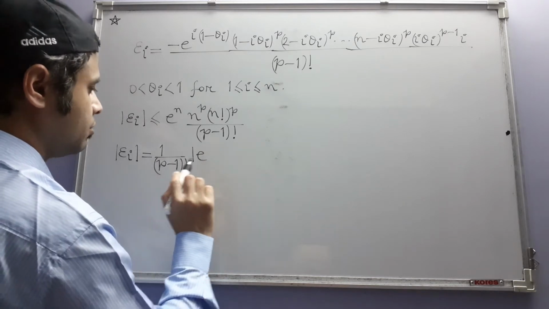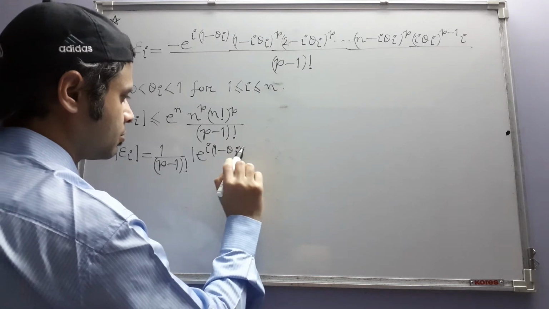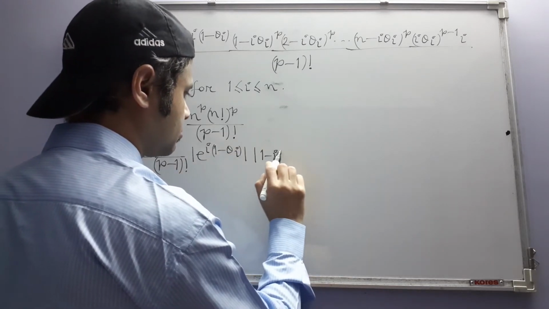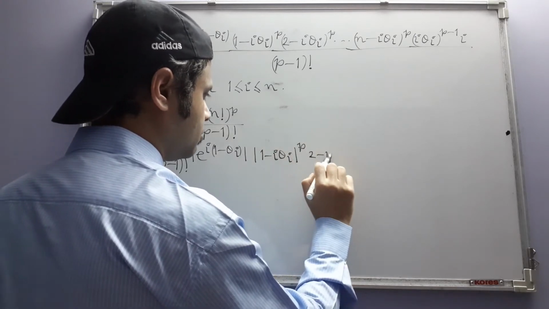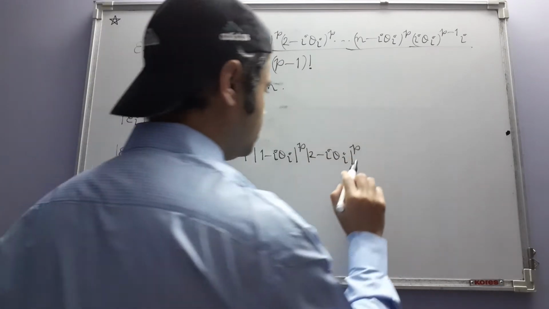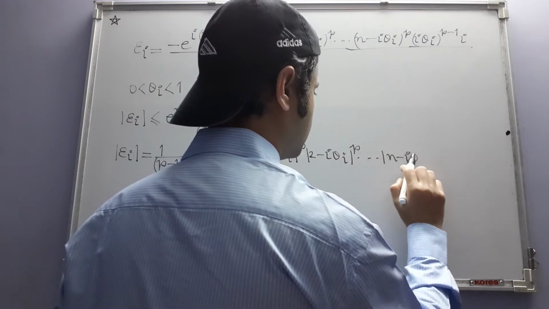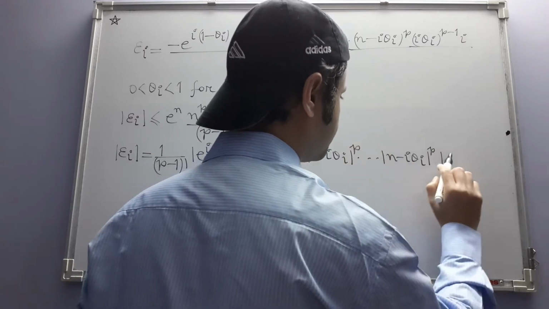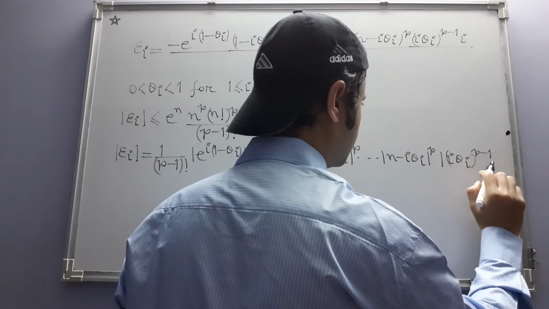In the numerator you have these things: (1 minus i theta i) to the power p, (2 minus i theta i) to the power p, etc., (n minus i theta i) to the power p times (i theta i) to the power p minus 1 times i.